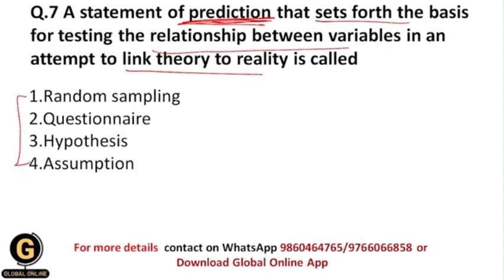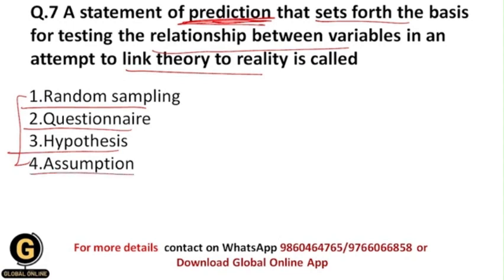This statement of prediction gives us a basic idea for testing the relationship between the variables, and we are going to test this statement of prediction because we need to understand the relationship of the theory to reality. We are going to link the theory to reality. So this kind of statement of prediction is called what? Whether it is random sampling, questionnaire, hypothesis, or assumption.